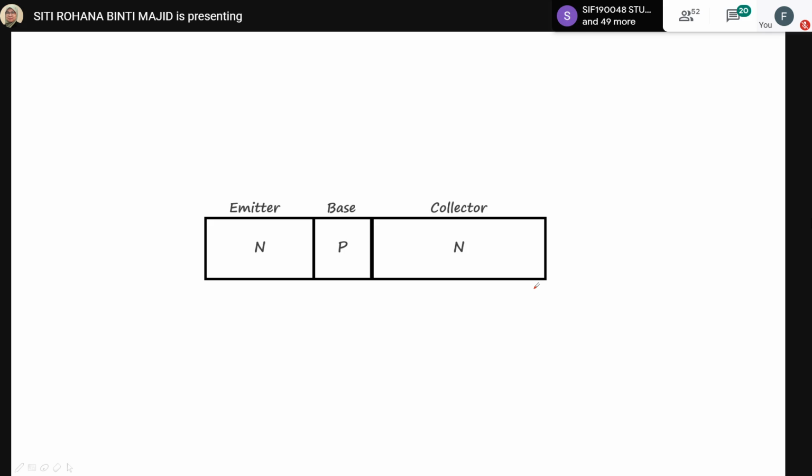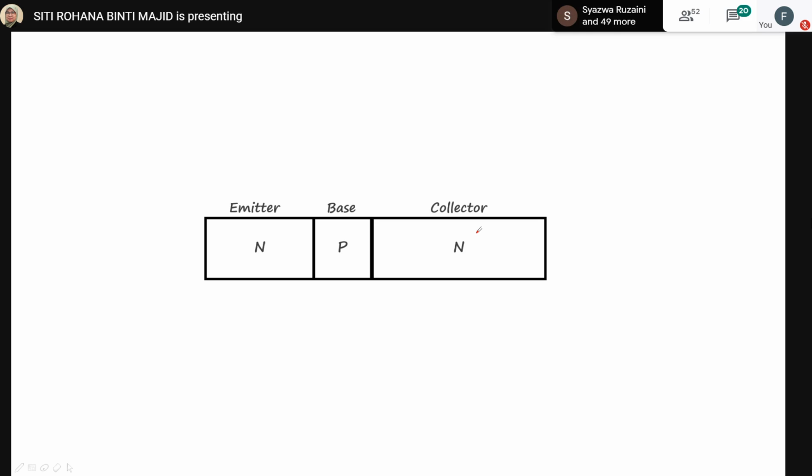When moderately doped, the number of free electrons in this layer is not as much as in the emitter region, because the collector will receive the charge carriers after they pass through from the base.